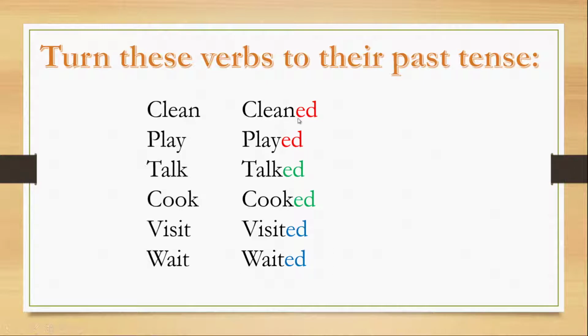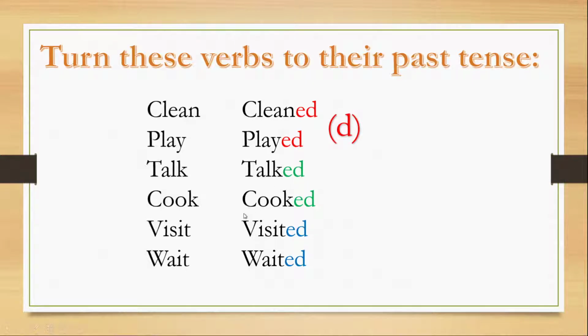Look, the sound of ed changes between those verbs. Now let's see first the red-colored ed. Cleaned, played. I hear the d sound, d at the end. Okay, now let's see the green ones.